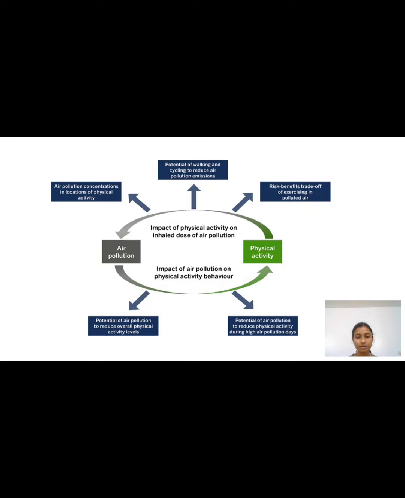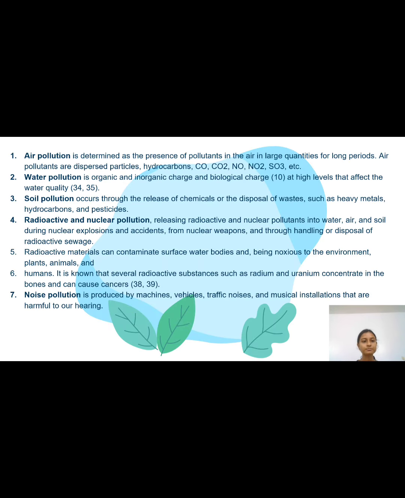And now, in the impact of air pollution on physical activity behavior, it is the potential of air pollution to reduce overall physical activity levels, and the potential of air pollution to reduce physical activity during high air pollution days. Going on to the next slide, we have air pollution, which is defined as the presence of pollutants in the air in large quantities for long periods.